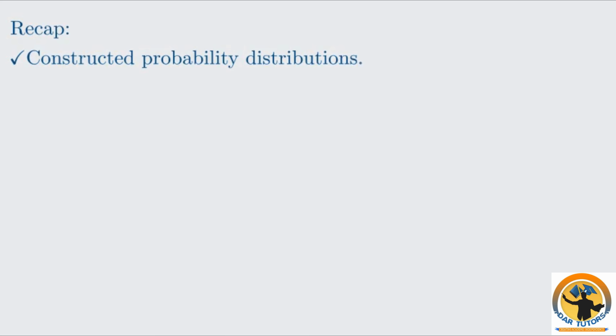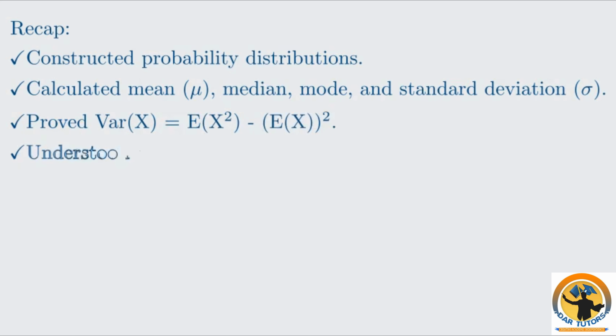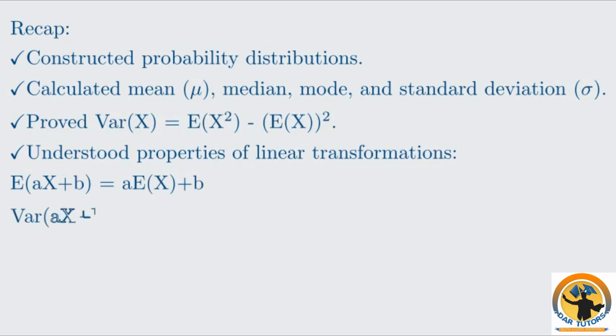Let's quickly recap what we've accomplished today. We learned how to construct probability distributions, both from direct descriptions and probability mass functions. We calculated key descriptive statistics: the mode, median, mean, and standard deviation. Most importantly, we explored how a linear transformation Y equals aX plus b affects the mean, variance, and standard deviation of a random variable.